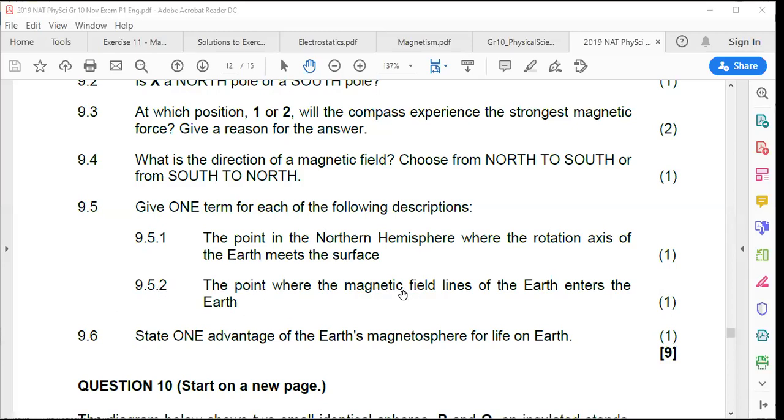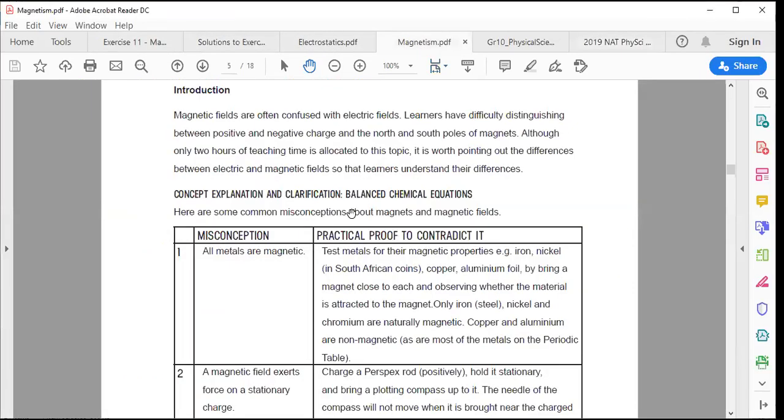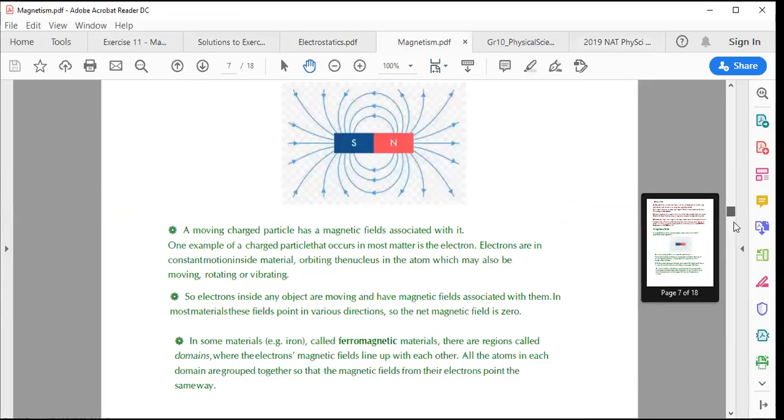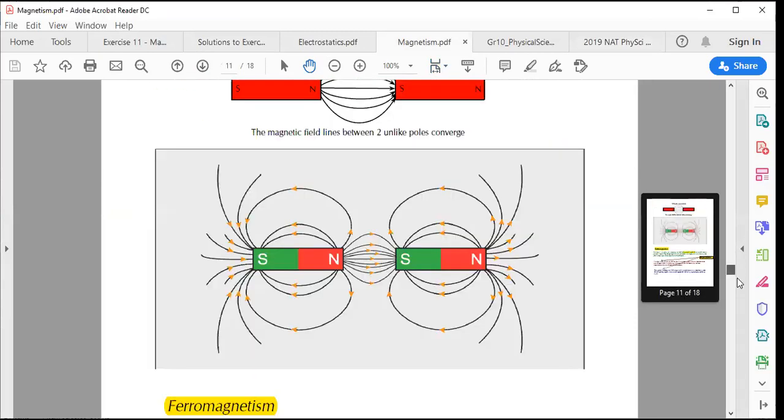The point where the magnetic field lines of the earth enter the earth. What do we call that? We're looking at this point here, where the magnetic field lines enter the earth.